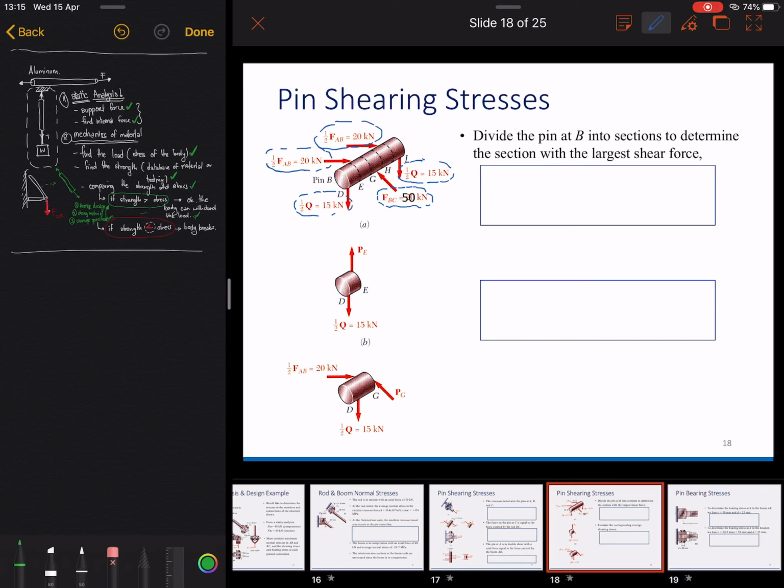And then from this we can find the force PE, or this is the shear force that the pin experiences. You can just do the cross section cut here first. This is one, this is one, and then you know PE is equal to 15 kilonewtons.